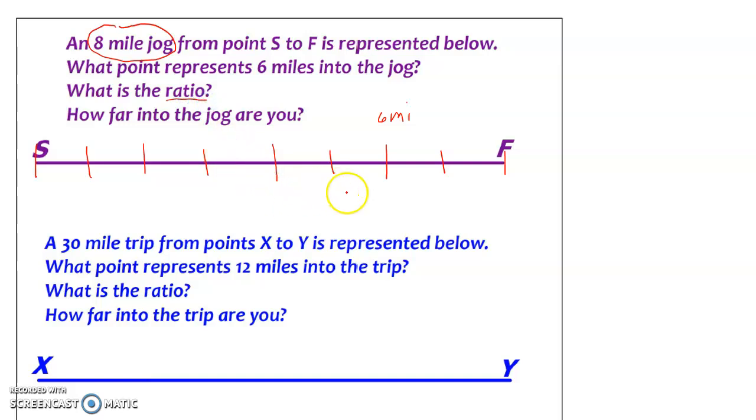So what is the ratio? Parts to parts. I have 6 parts on this side and 2 on this side. So my ratio would be 6 to 2. Now, how far into the jog? My distance.